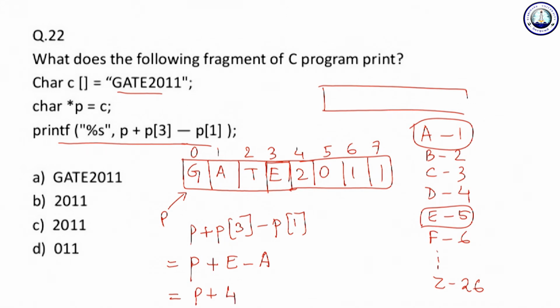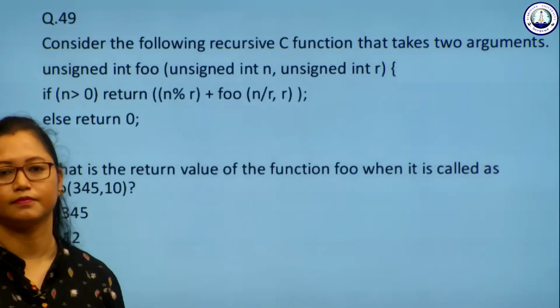So when we say P plus 4, it will now point at this location. So from this part, it will be printed: from P to this fourth location. So the answer is this one, 2011. Okay, coming to the next question.